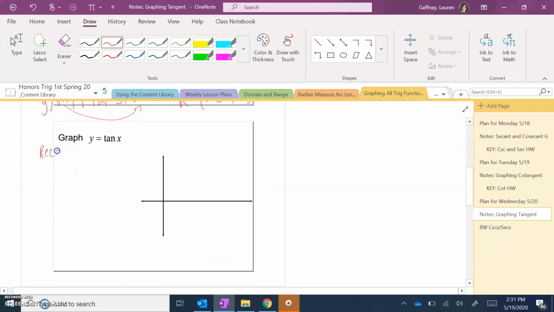So recall that cotan theta was x over y. Tan theta is y over x. So let's come over here and look at some values for both of those.